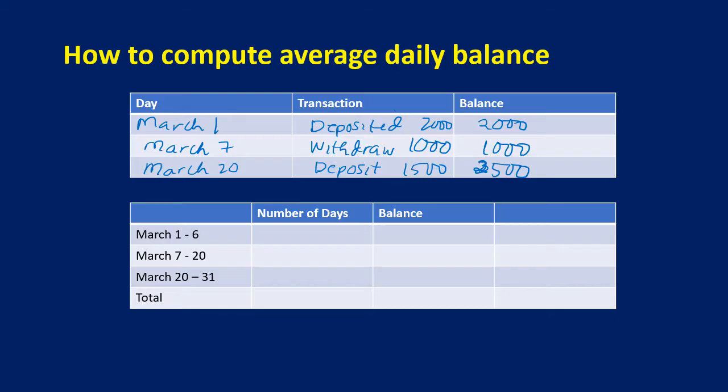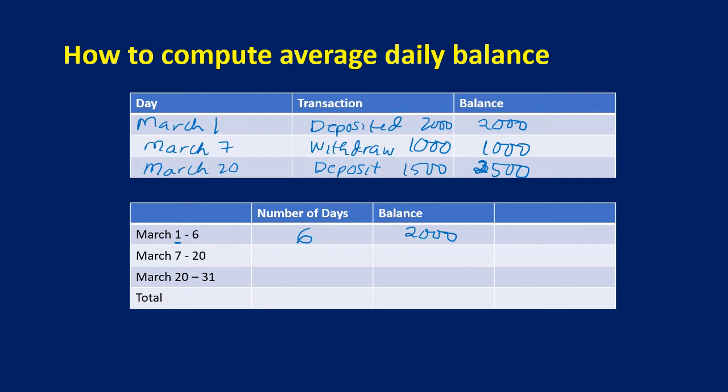So how do you compute that? On March 1 to 6, your balance was 2,000. How many days was that? March 1 to 6, that's 6 days, right? 6 minus 1 plus 1. You always add 1 because you include this one.